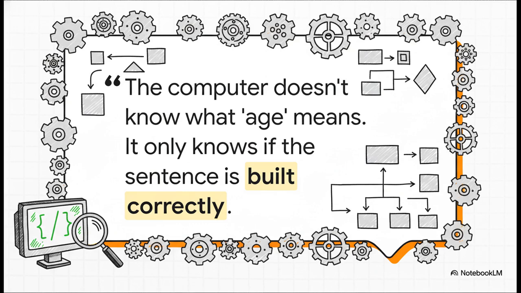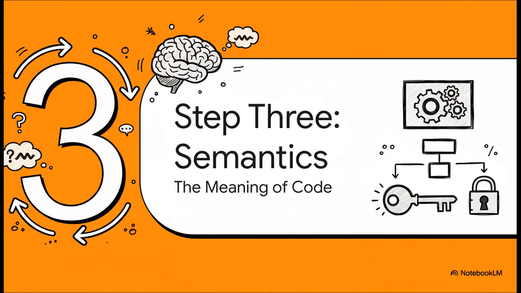At this syntax stage, the computer is basically just a glorified pattern matcher. It has absolutely zero understanding of what the code is trying to do. It doesn't know what age is for, it doesn't know that 30 is a number, it only knows that the sequence of token types is valid according to its rulebook. That's it.